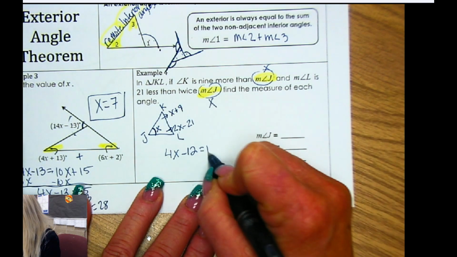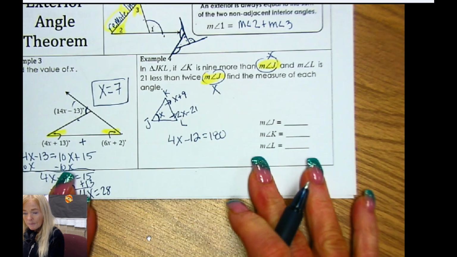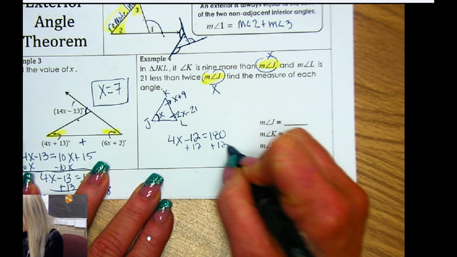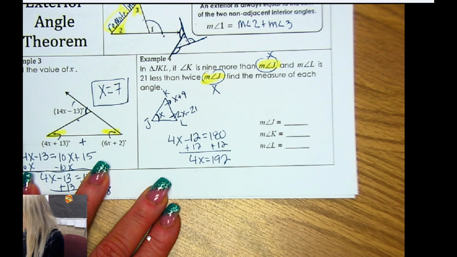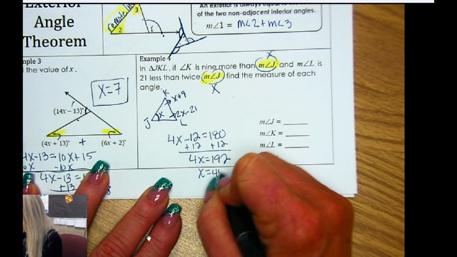And that's going to equal 180, because they all are 3 angles in a triangle, so they sum to 180. So we'll add 12 to both sides. We get 4x is 192. And if we take 192 and divide both sides by 4, we get 48. So x then is 48.